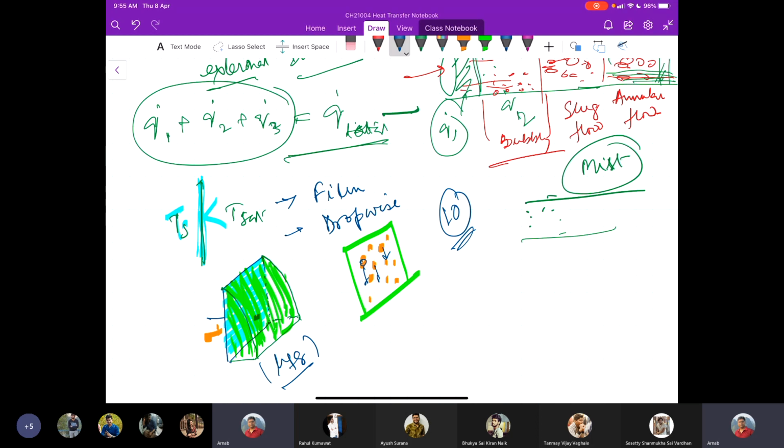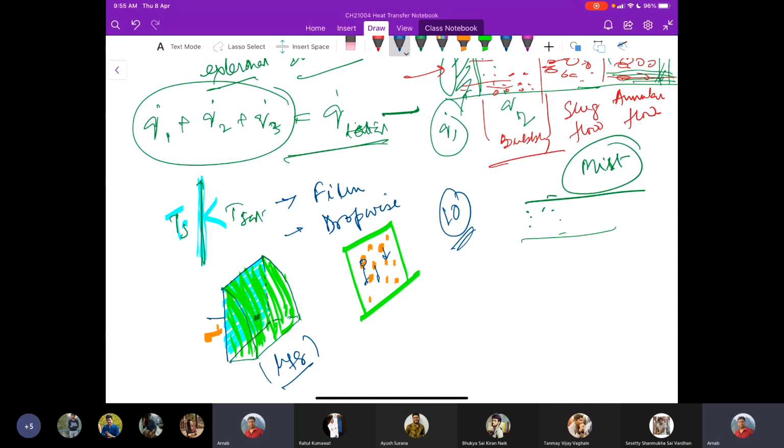This fog and all these things, we want that to stick on the surface wall in a drop which can slide down. So that is why we use several surface modifications, coatings, etc.